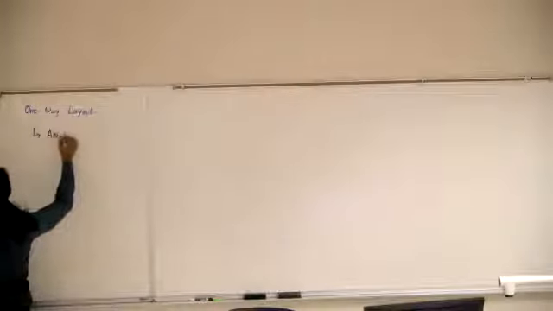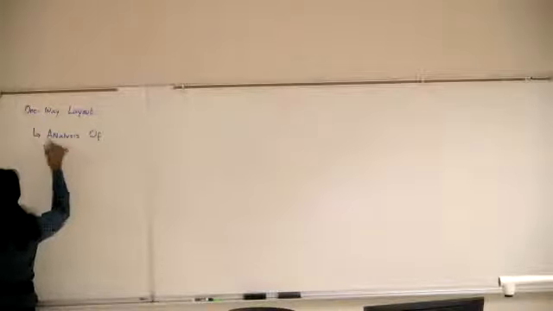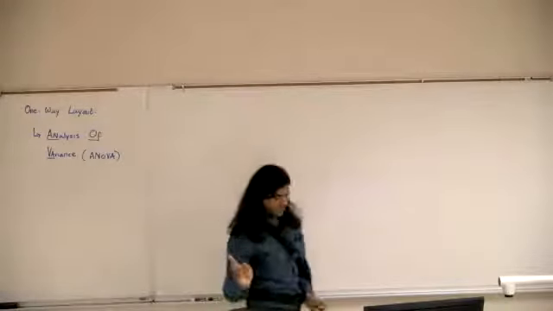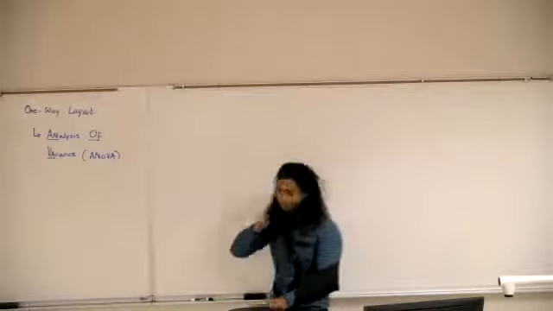No. Have we ever heard of ANOVA before? One person. Analysis of variance is a technique that is used in a one-way layout. What is this one-way layout that we talk about?